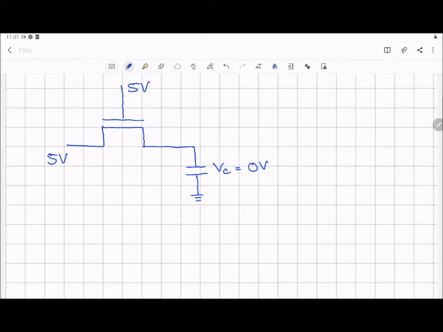Now we need to observe a few things. First, VGS is equal to VG minus VS, 5 volt minus 0 volt, is equal to 5 volt, which is greater than threshold voltage VTN.